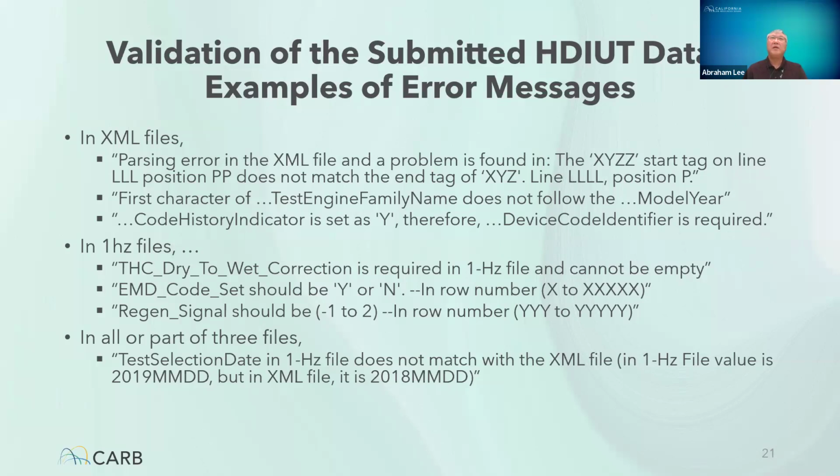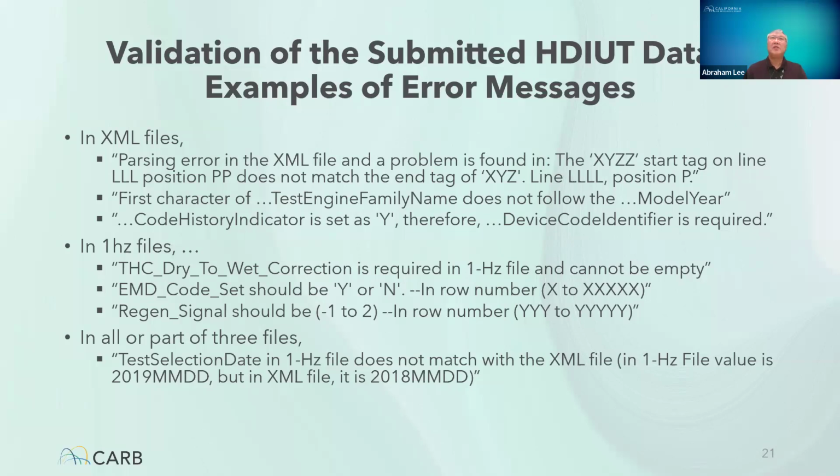And for EMD code, for example, in the wrong format, like 01 instead of Y or N, the error message is going to say EMD_code_set should be Y or N, in row number X2, XX, XXX, which is in that OneWorks CSV file.